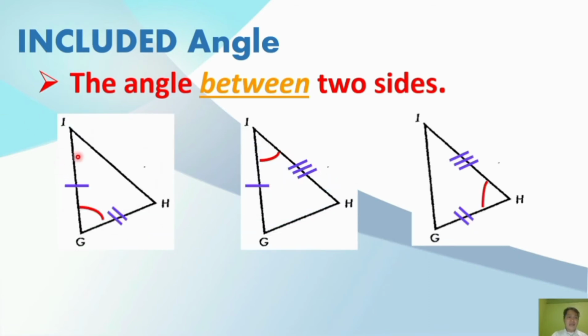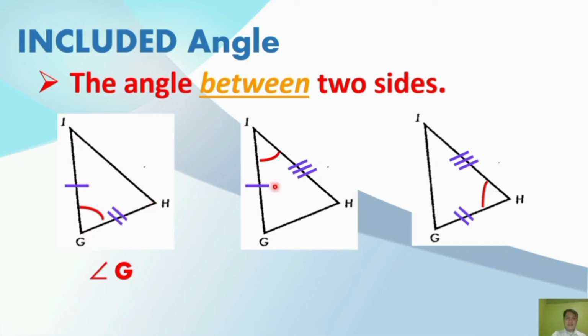On the first triangle, side GI and side GH are marked. So between these two sides, the included angle is this angle here, and that is angle G. Ibig sabihin, angle G is in between two marked sides.